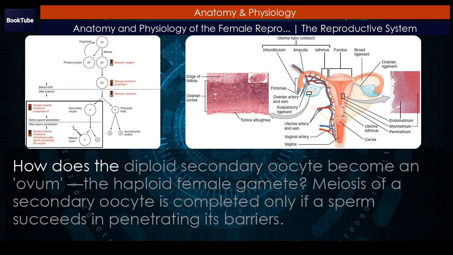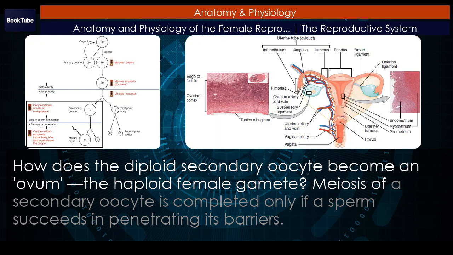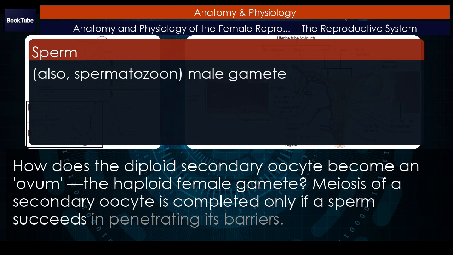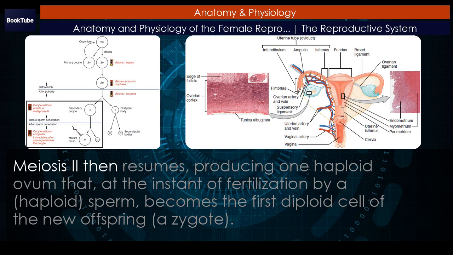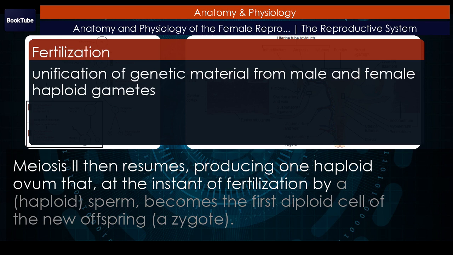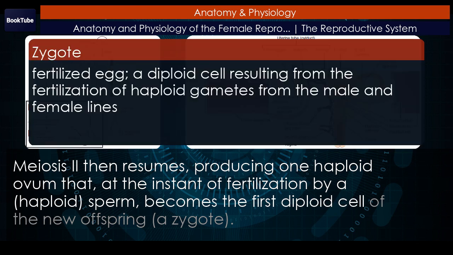How does the diploid secondary oocyte become an ovum, the haploid female gamete? Meiosis of a secondary oocyte is completed only if a sperm succeeds in penetrating its barriers. Meiosis II then resumes, producing one haploid ovum that at the instant of fertilization by a haploid sperm becomes the first diploid cell of the new offspring, a zygote.